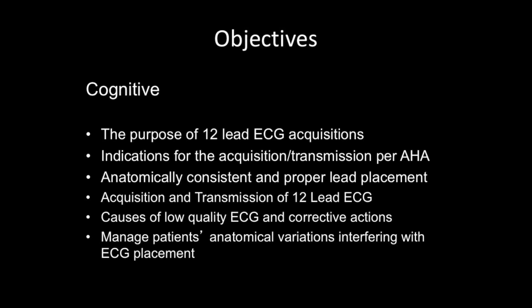And we'll talk about what causes low quality of the EKG, what some of the artifacts are, what we can do to minimize that, and manage patients' anatomical variations that could interfere with the ECG placement.